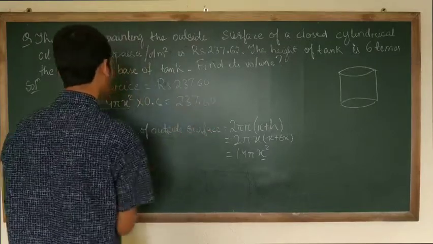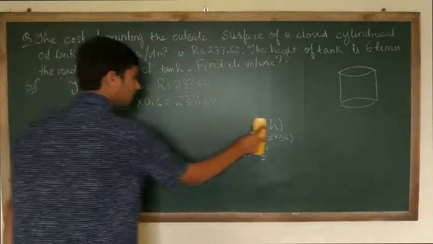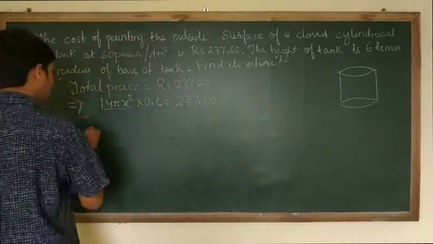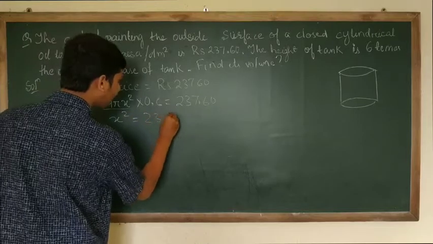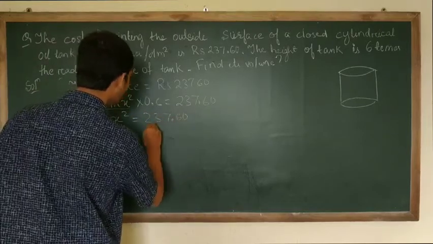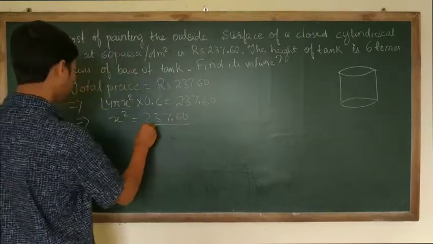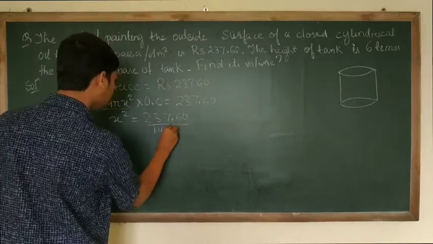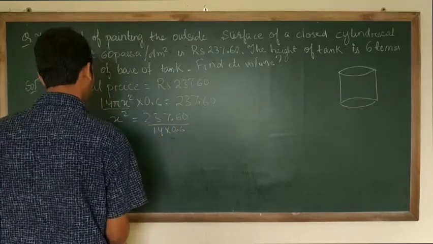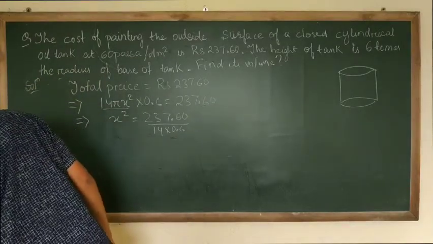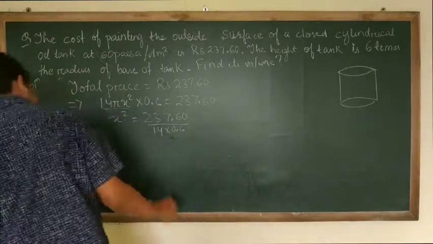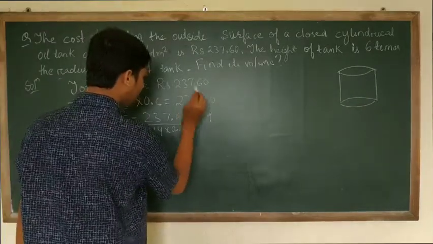237.60. So when we find x square, it is equal to 237.60 by 14 into 0.6, which is going to be 9.